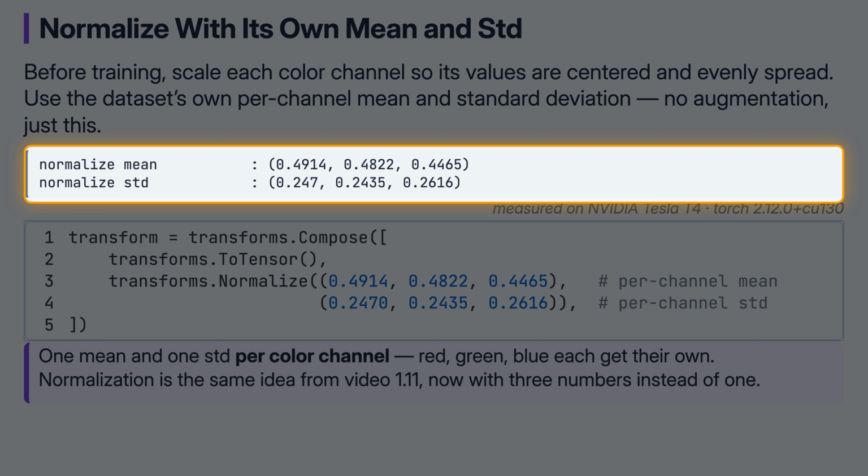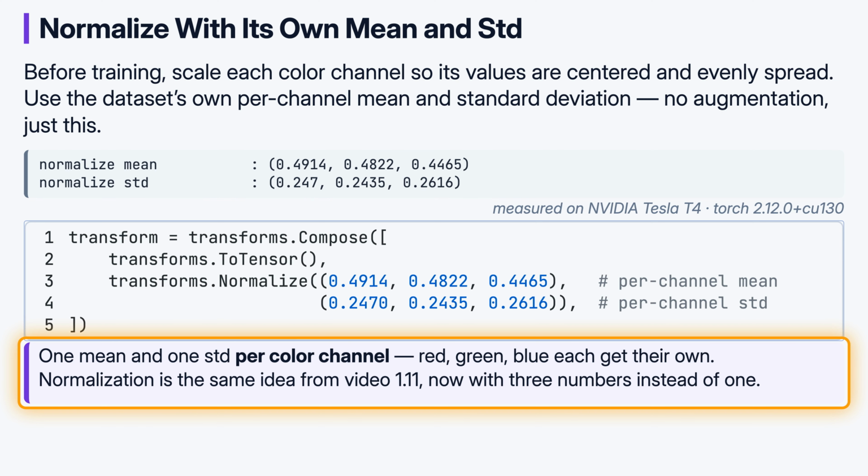And that is the only preprocessing here, to tensor and normalize. No augmentation yet. So it is 1 mean and 1 standard deviation per color channel. Red, green, and blue each get their own. This is the same normalize from the data loader lesson, now with 3 numbers instead of 1.